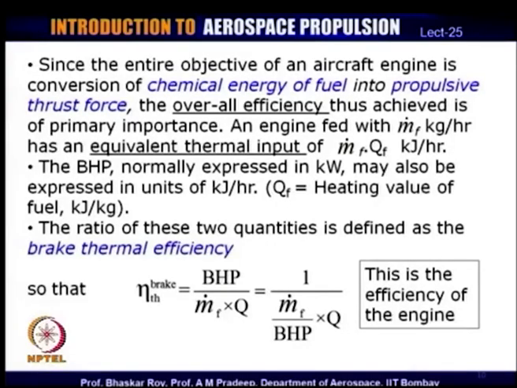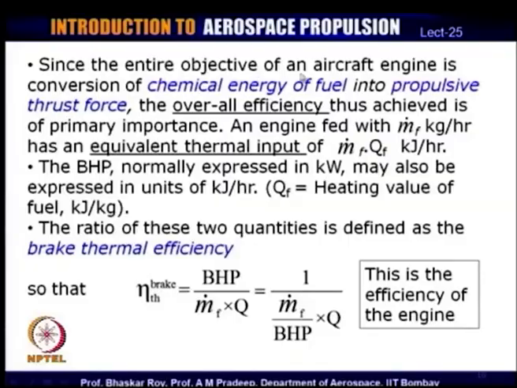So, we have quite a few steps to contend with before we get the thrust, and thrust is what makes the aircraft fly. So, the overall efficiency of this entire process needs to be understood and estimated for us to know the energy efficiency of this entire power plant.